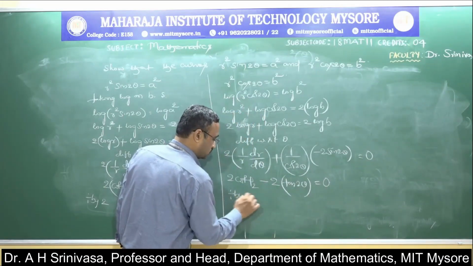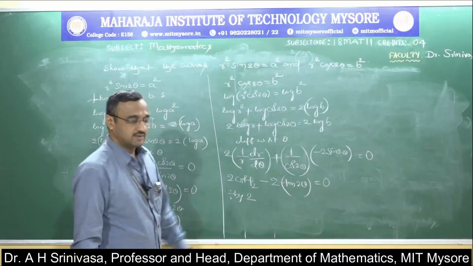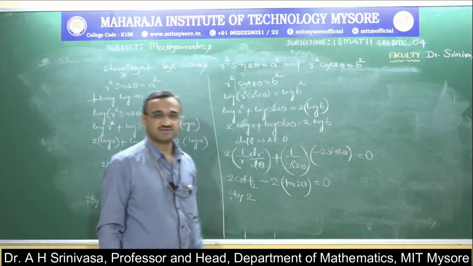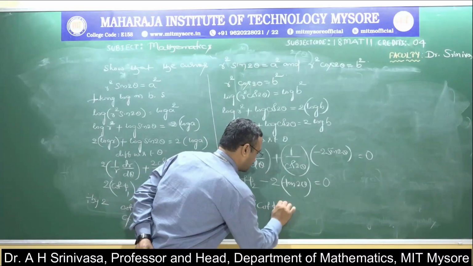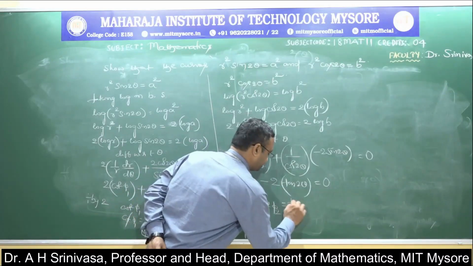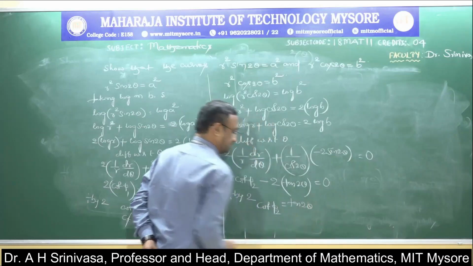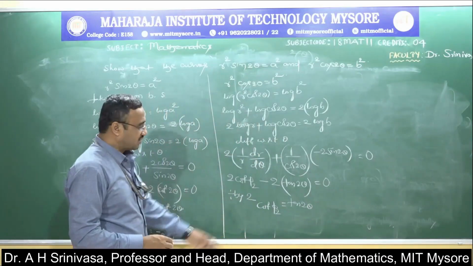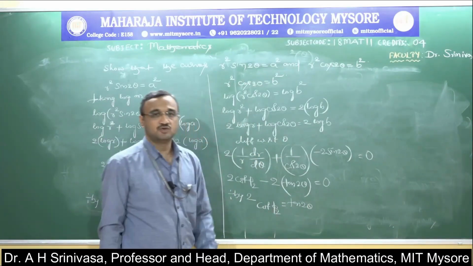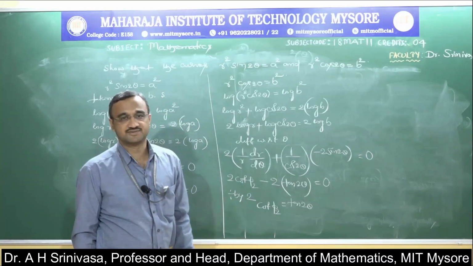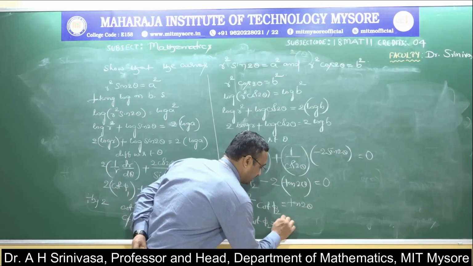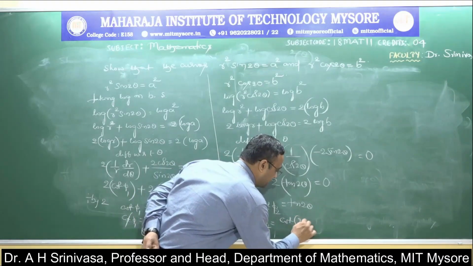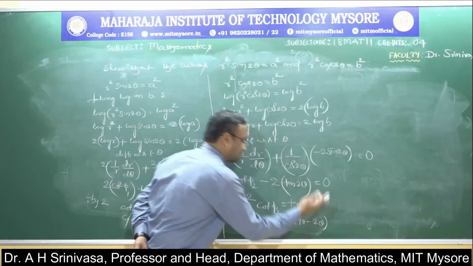Now divide by 2 both sides, then transfer this function to the other side. They become cot phi 2 equal to tan 2 theta. Now I want to find the value of phi 2 using the concept of allied angles. Tan 2 theta we can write as cot of 90 minus 2 theta. You can also write it like this.